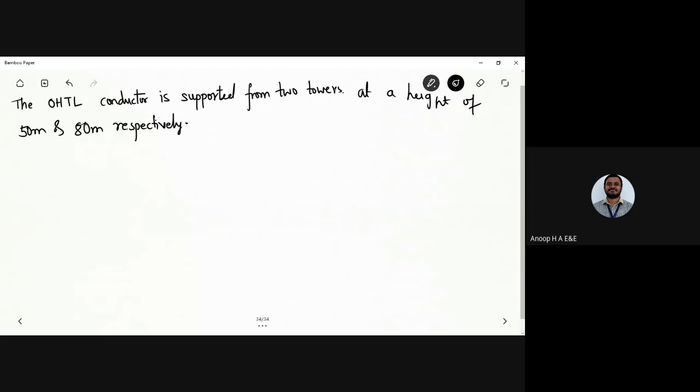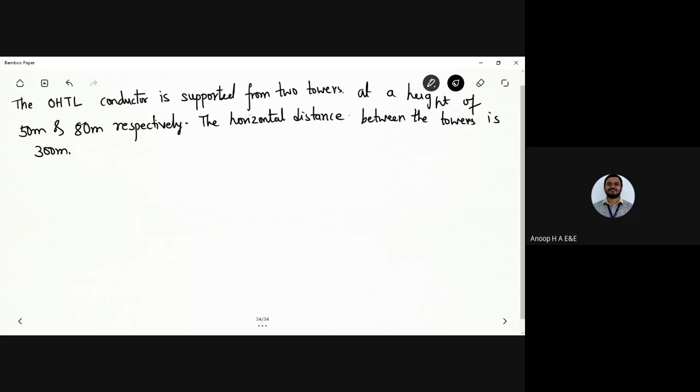The horizontal distance between the towers is 300 meters.